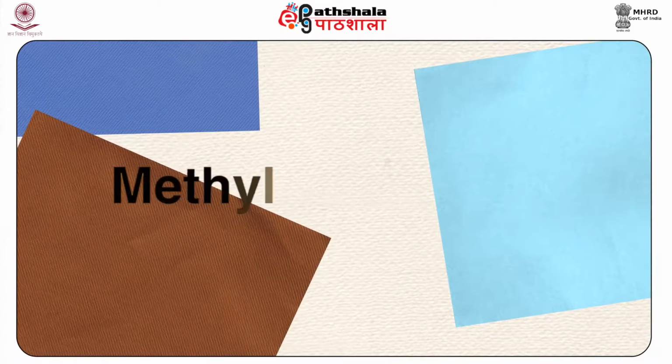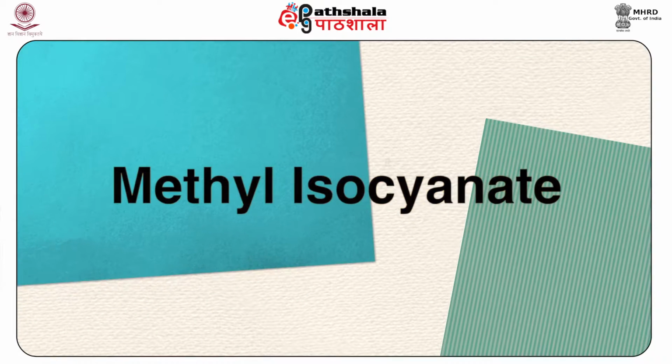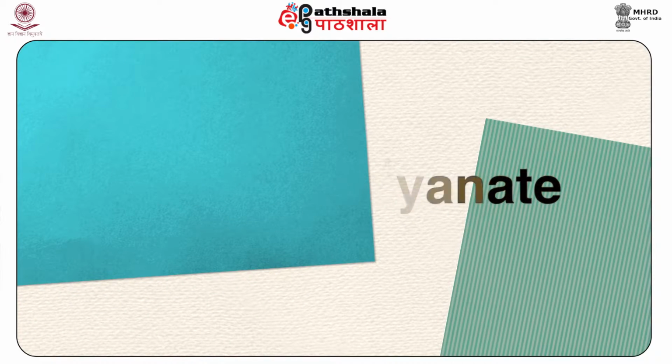Carbon dioxide poisoning is generally accidental in nature, like a worker working in a deep well, dampened pit, overcrowding in an ill-ventilated room, etc. Third is methyl isocyanate. Lethal concentration 50 is 22 parts per million.